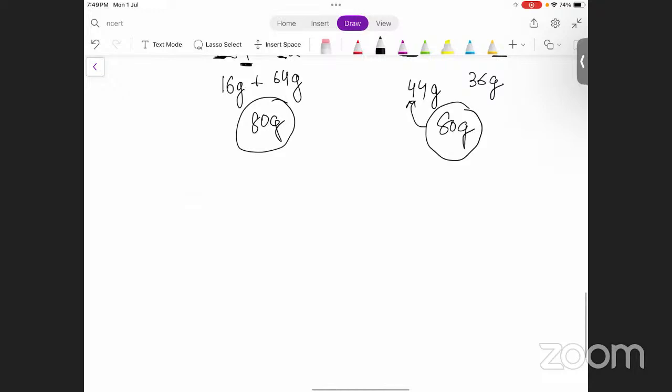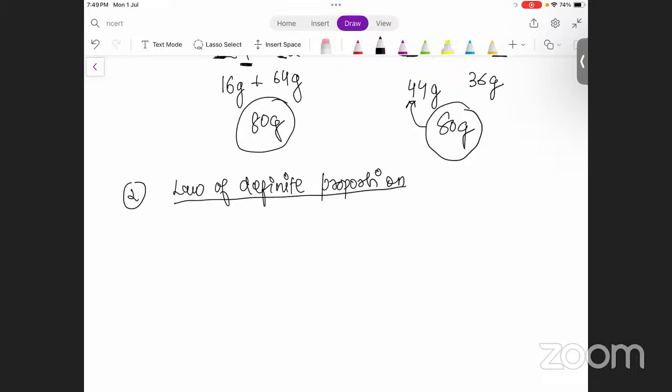So how many of you know what this law says? So just type yes in the chat box. Yes, Rakshita. So what does this law say?